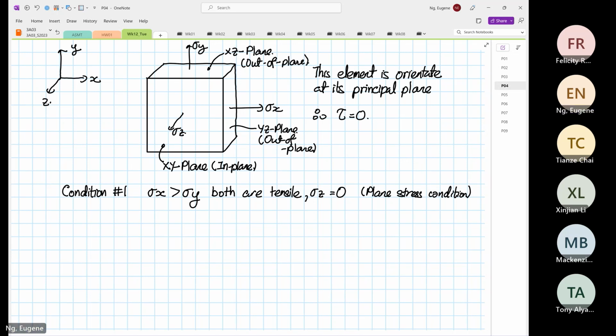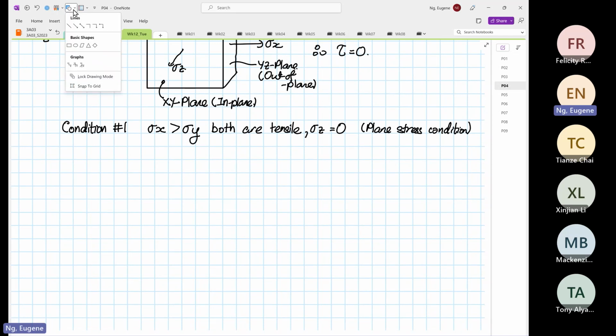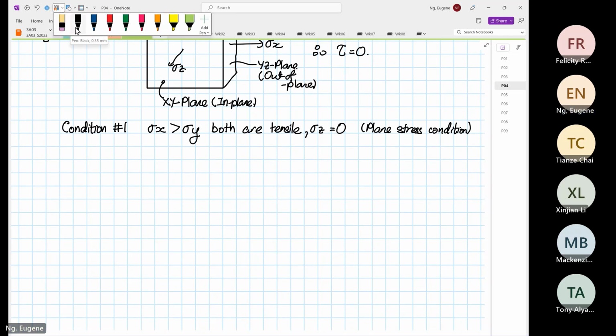Okay. So now we have condition number one, where stress X is greater than stress Y. Both are tensile. Okay. And stress Z is equal to 0. So now I'm going to sketch this condition.